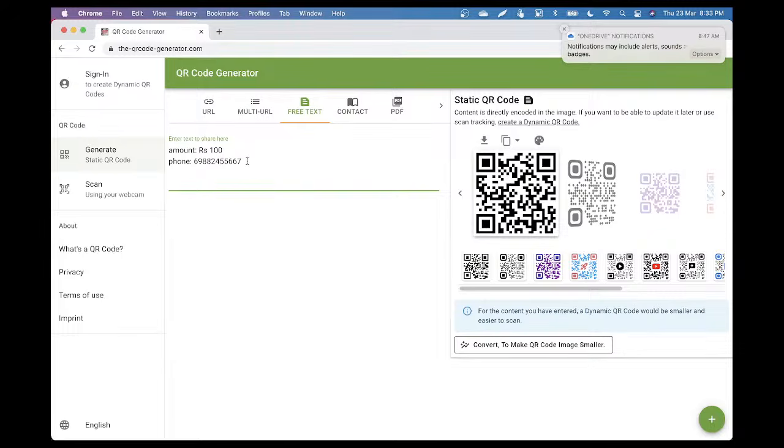If I modify it, I can add more details, like some message. See, the QR code is getting generated in real time. If I'm transferring some money to some phone number and sending some message, rather than typing in all this information, I can just scan a QR code through my camera.